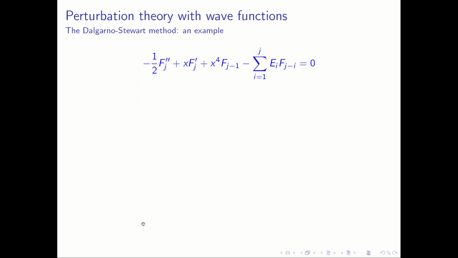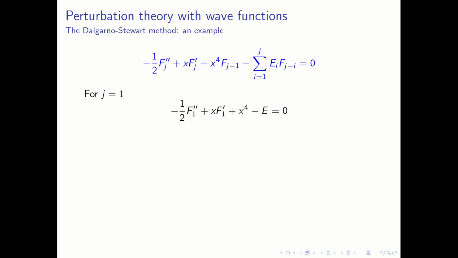Right. Now let us look at what happens when j is equal to 1. For j equals 1, of course this sum has only one term. Sorry, there is a typo here. This should be minus E1, the first order energy correction. So minus E1 times F0. By the way, F0 is 1 because the zeroth order wave function, of course, is psi 0 itself.